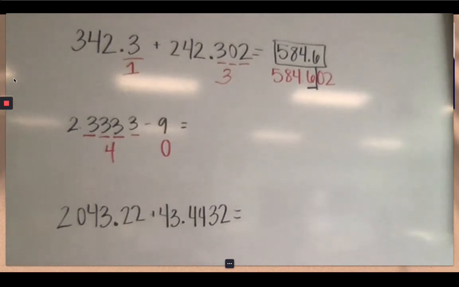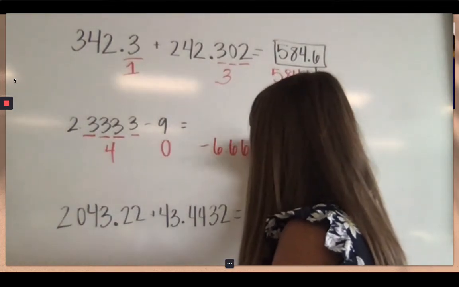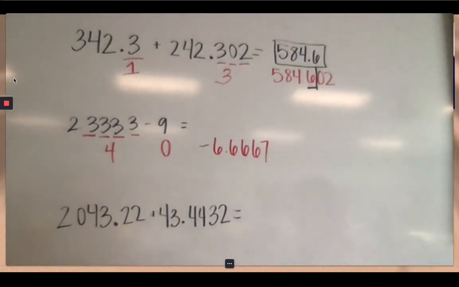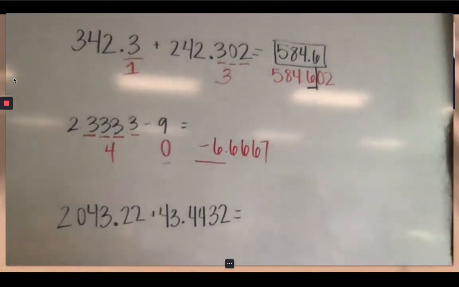So if we do 2.3333 minus 9, we get negative 6.6667. Now, we can only have 0 decimals in our final answer. So is our number going to be negative 6? Is that going to be our answer?